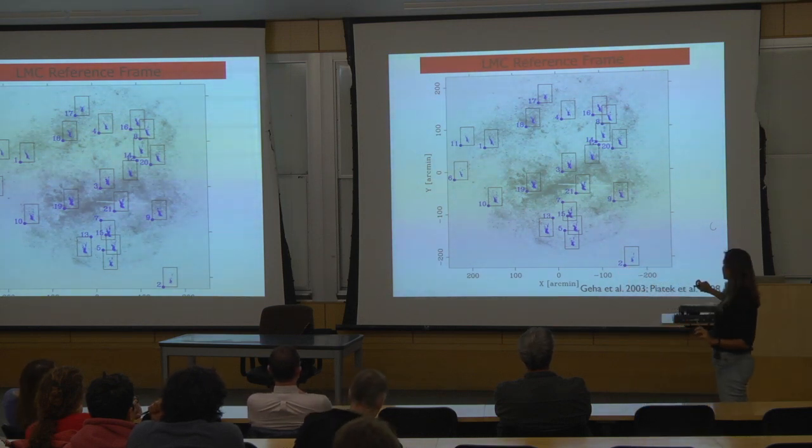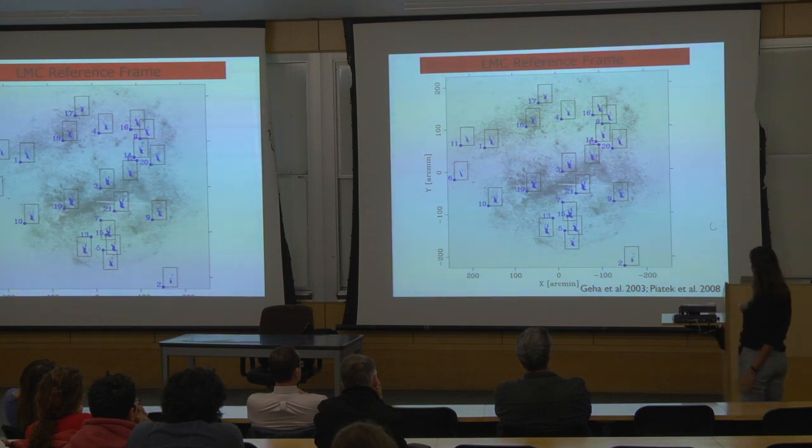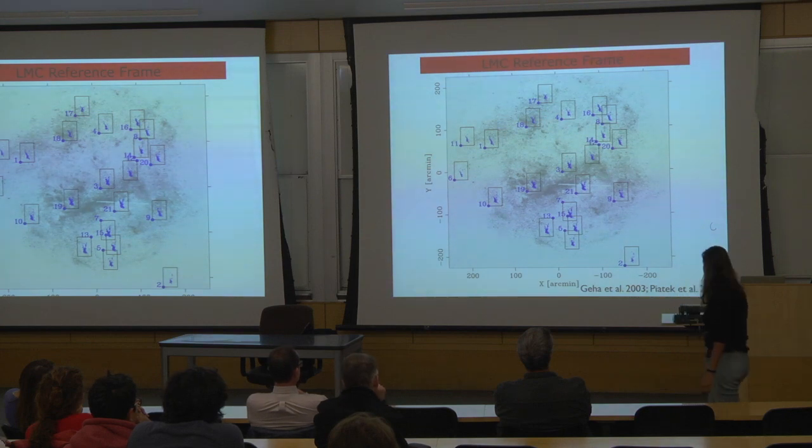Two things about that. One is that since we have only these pencil beams, we're sampling the LMC, and so we need to think about how we go from an individual measurement to a center of mass motion. The second thing is that you can see there's quite a lot of diversity in the stellar populations across the LMC.